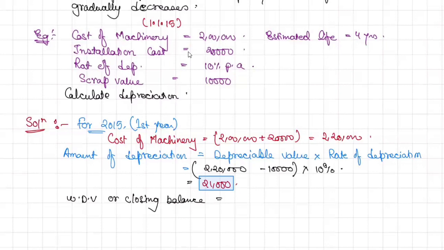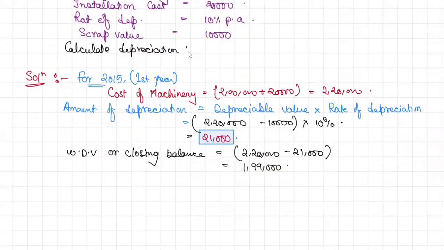Can anyone help me out? 2 lakh 20,000 minus 21,000, correct? So 1,99,000. This is the WDV for the next year.